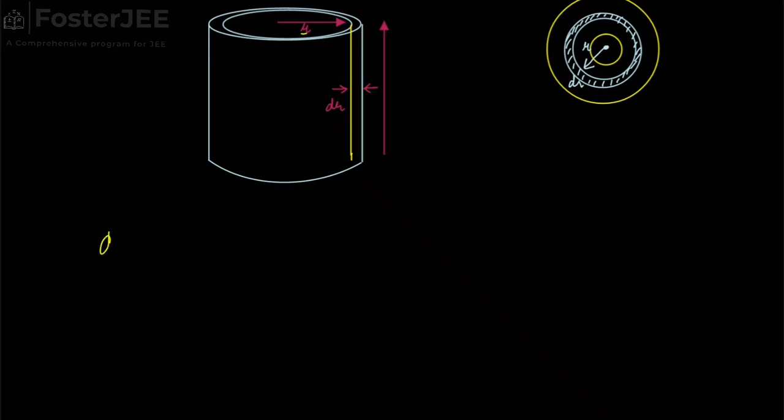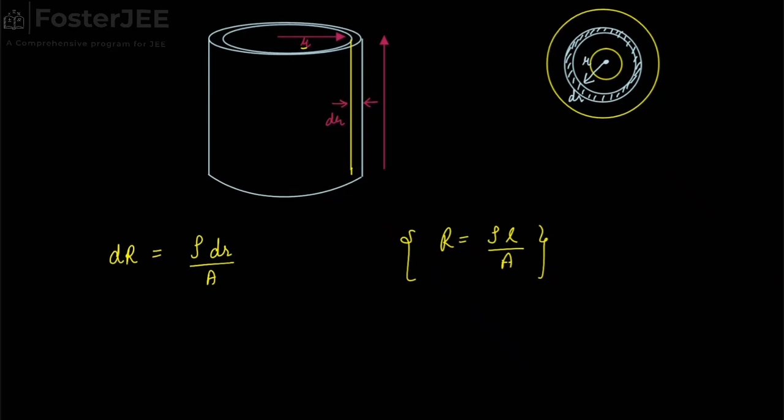Now what will be the small resistance due to this elementary cylinder? We know that the small resistance dR is given by rho dr upon area, because resistance is given by rho L upon A, where L is the length of flow and A is the cross sectional area through which the charge is passing. In case of the cylinder, the charge will enter from here and will leave from here.